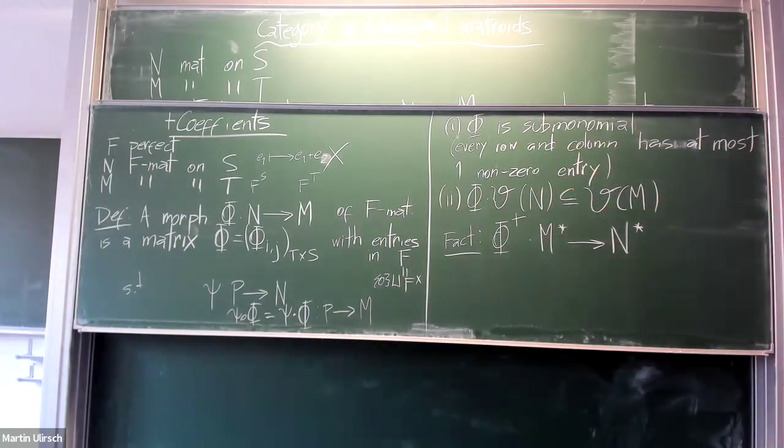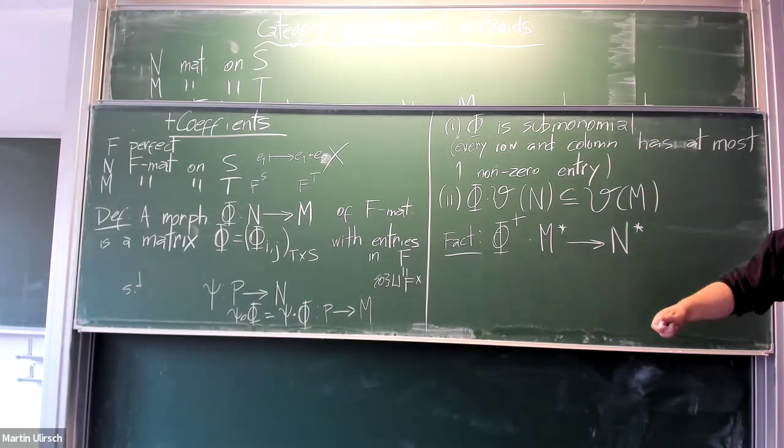So again, I have a nice category with the objects that I want, with a contravariant involution on it. And how much time do I have?